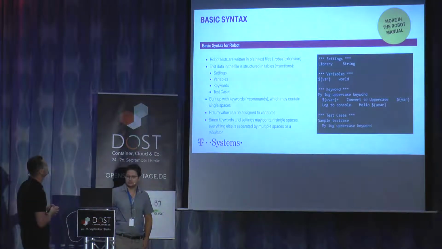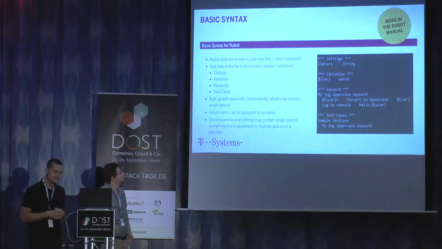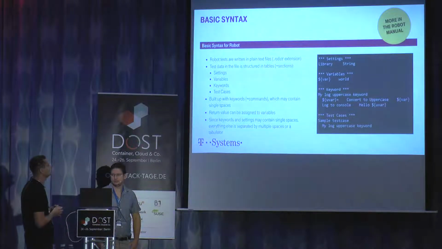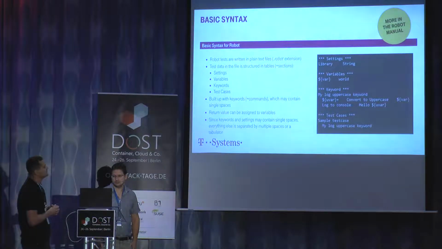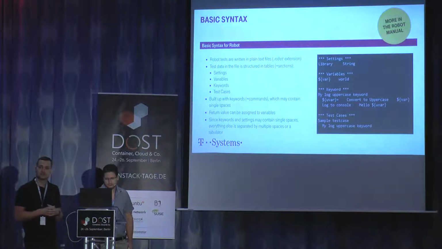So a quick syntax check. The test data is usually a text file. It has a .robot extension. Of course, it can be in different formats like HTML. And the basic syntax usually consists of 4 different sections. The first section is the settings section.